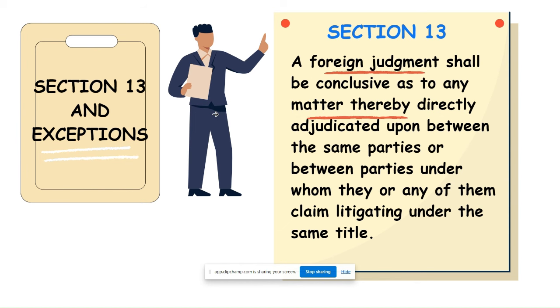Section 13 and exceptions, इसके exceptions की भी बात हम करेंगे. सेक्शन 13 जानते हैं.